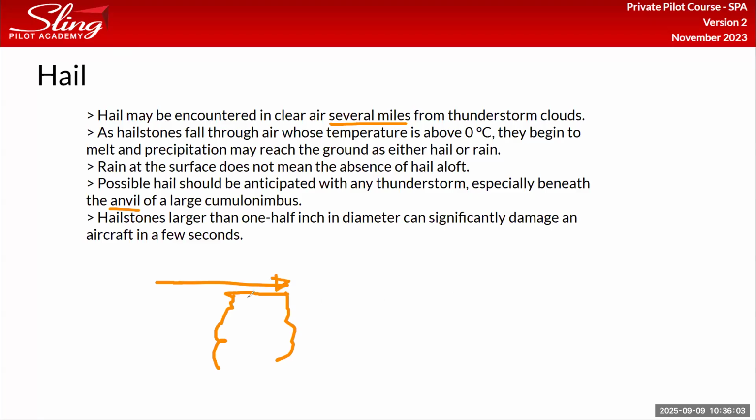This way it basically shears off the top of a towering cloud. So you should especially be anticipating hail if you see an anvil top on top of a large cumulonimbus cloud. And that just gives you an idea of how large hailstones, larger than even 1/2 inch in diameter, can obviously damage the aircraft a lot.